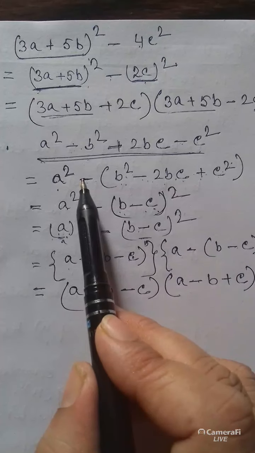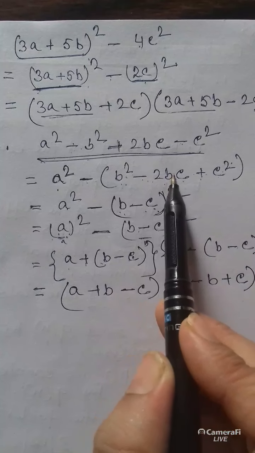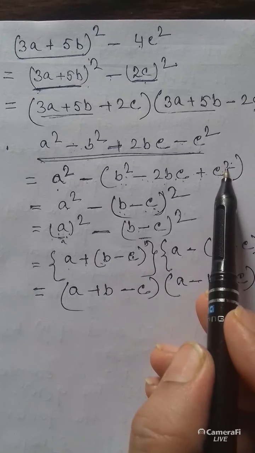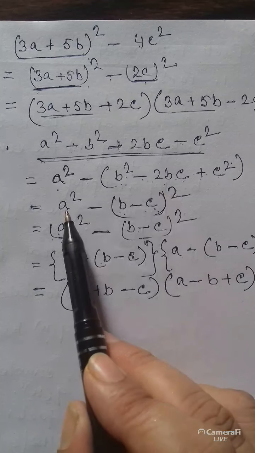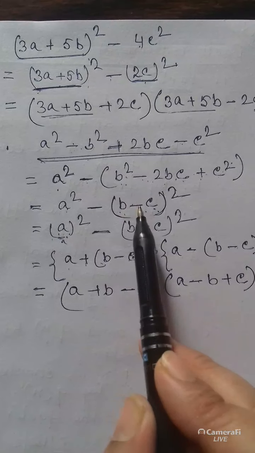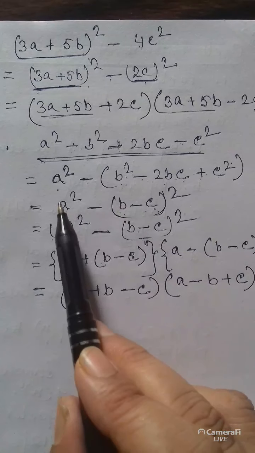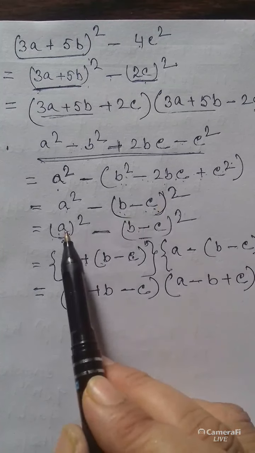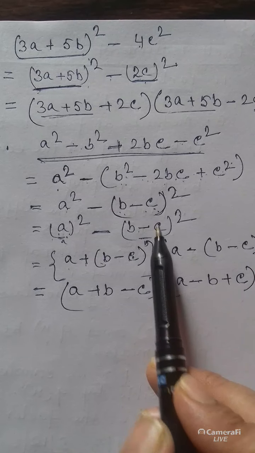Difference of two squares. Minus common, b square minus 2bc plus c square. This is the formula, the identity, b minus c whole square. So a square minus b minus c whole square. Here is the difference of two squares: a square is one square and b minus c is another square. So a square minus b square, the formula is a plus b into a minus b.